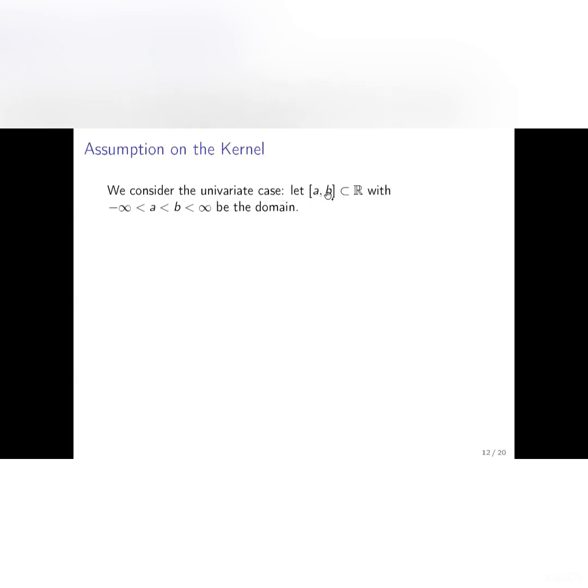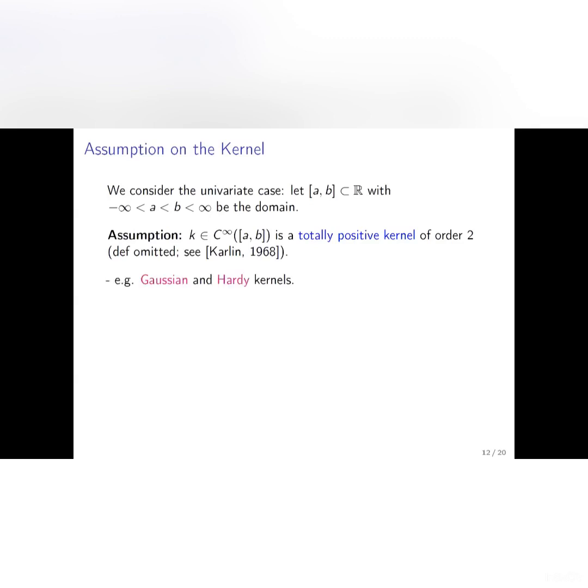So let a and b be constants. First we consider a kernel which is infinitely smooth, infinitely differentiable, and which is also assumed to be totally positive of order 2. The definition is a bit complicated, so I omit it here. But for instance, the popular Gaussian kernel is an example of this totally positive kernel, and the Hardy kernel is also an example.